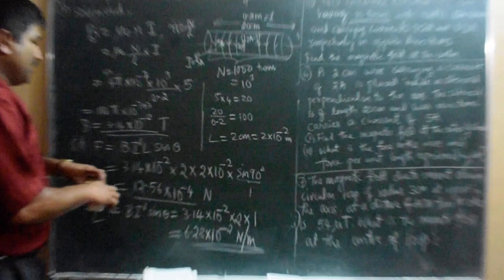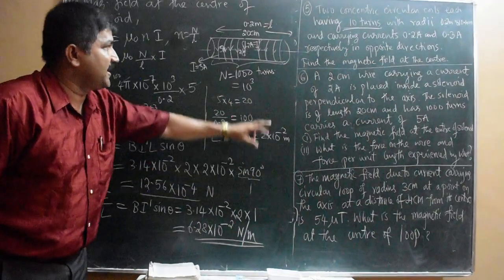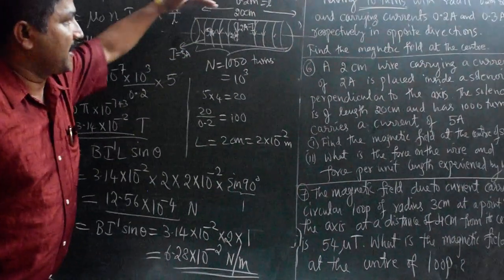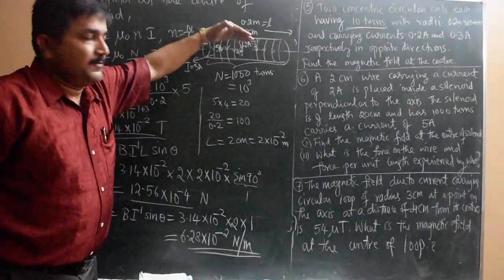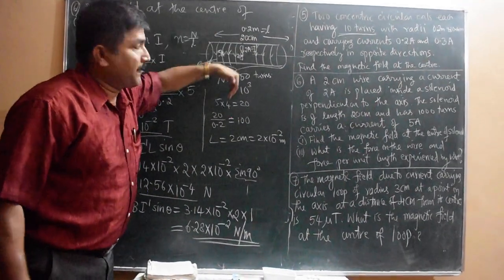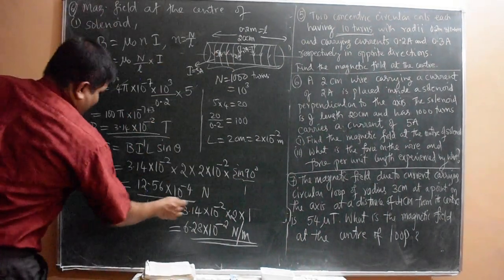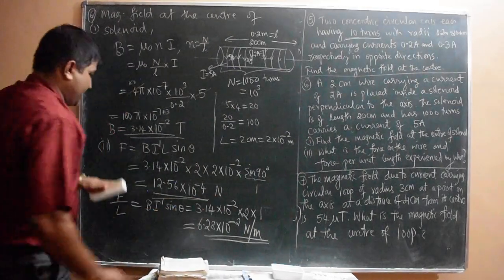That's all about this substitution. Simplification: sin 90 degree is 1, because the axis of the solenoid, the magnetic field direction, and the wire are perpendicular, hence theta equals 90 degree. So the value of force is in Newton unit.